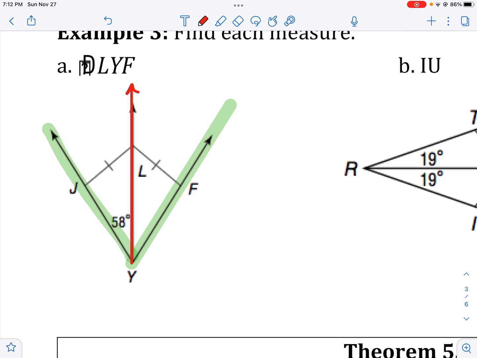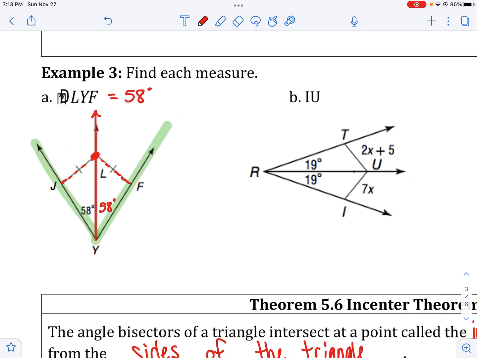So the left half, 58, must be congruent to the right half of 58. And I also know that the distance from this angle bisector to either side would have to be congruent. Now they wanted angle LYF, which ended up being 58 degrees. That was the other half of that angle.